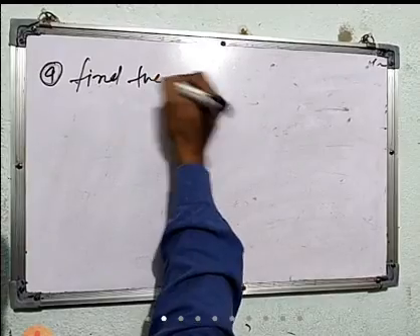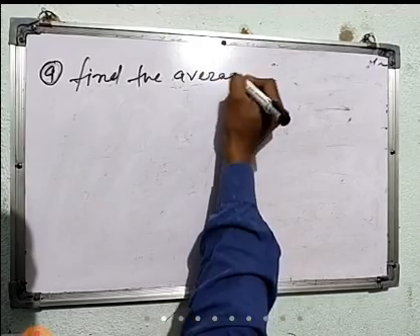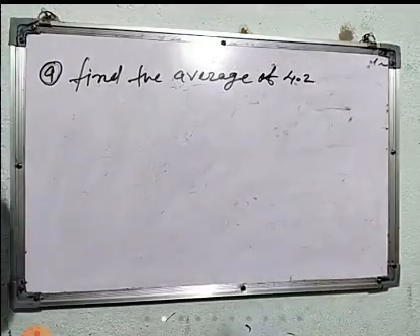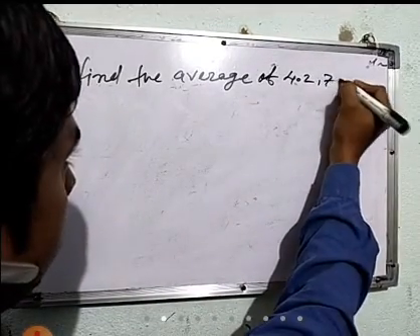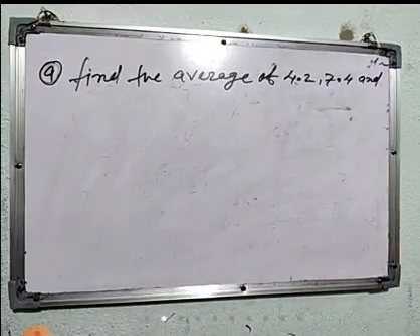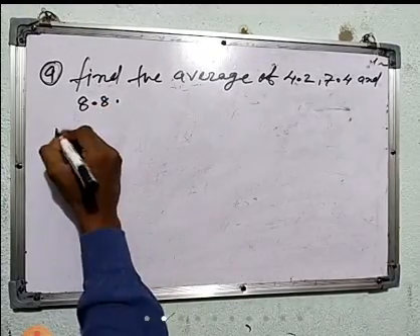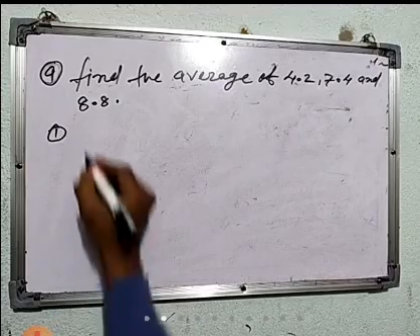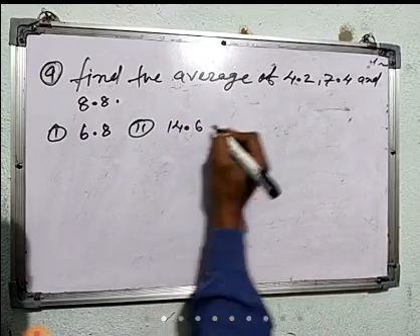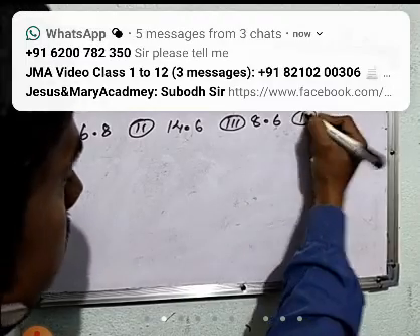Find the average of 4.2, 7.4 and 8.8. Your options are 6.8, 14.6, 8.6 and none of these.